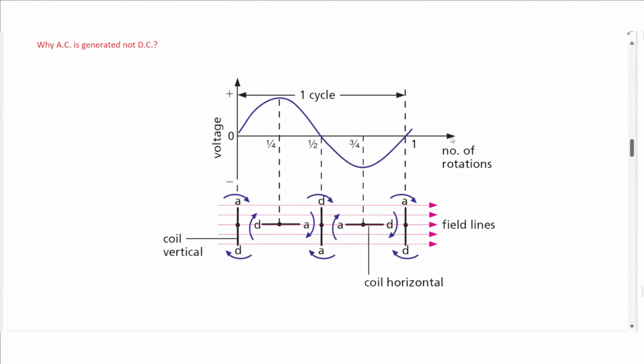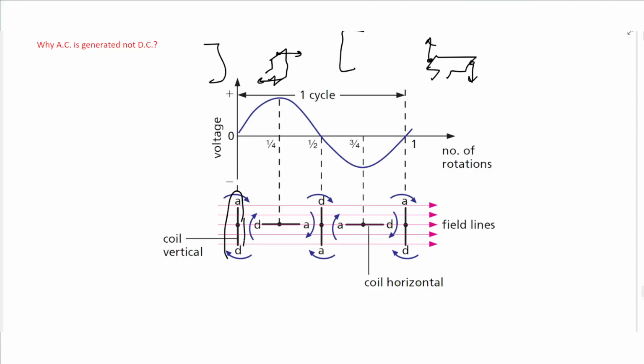Now you get maximum voltage when the coil is in the horizontal position, and zero in the vertical position. In the vertical position, the coil sides are actually moving parallel to the magnetic field, so there is no current. If you place it horizontally, the sides of the coil are actually moving perpendicular to the field. So if the vertical position of the coil is the start of the motion, you have zero voltage.